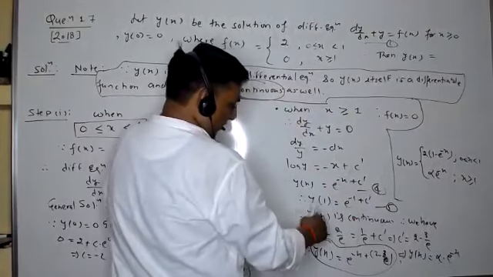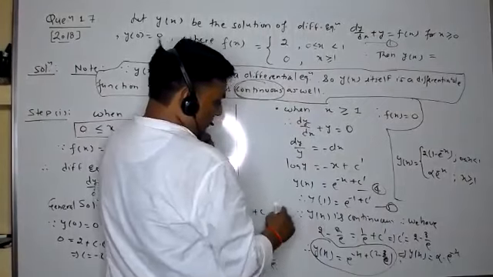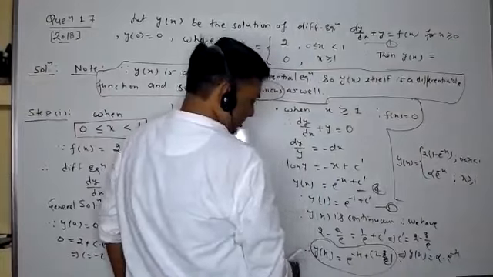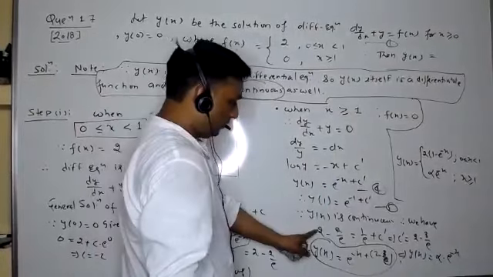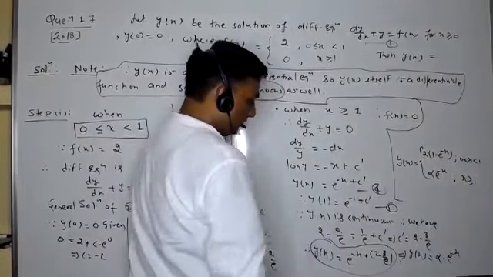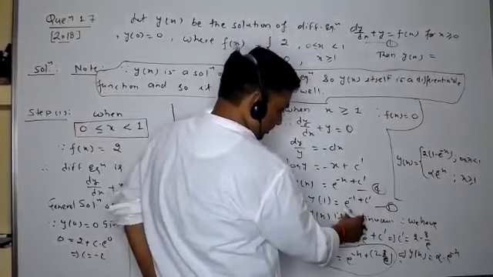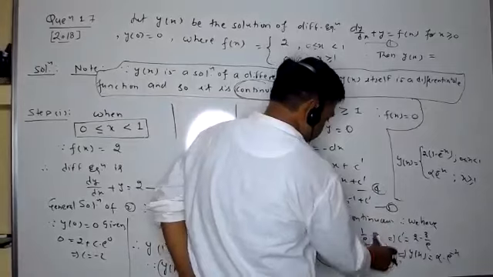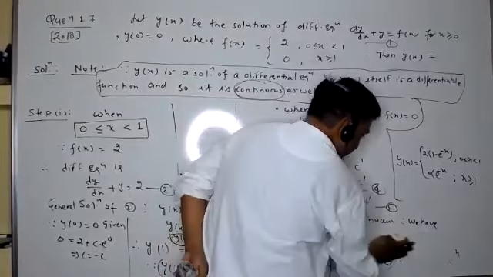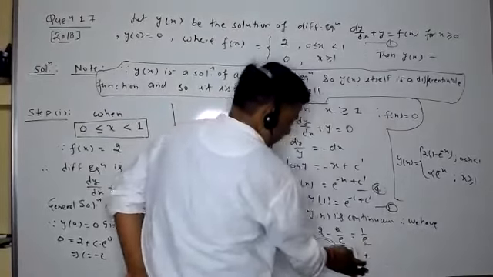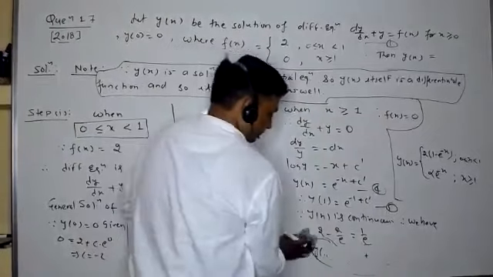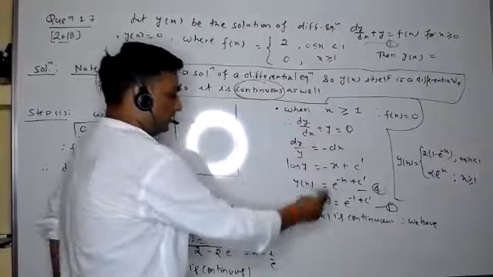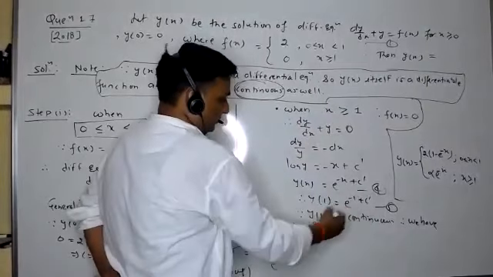So when I write like this, y at 1 equals e raised to the power. So the value of y at 1 is 2 minus 2 upon e, right? And this will be e raised to the power -1 plus c dash. A small mistake happened from here, sorry. Please cooperate.